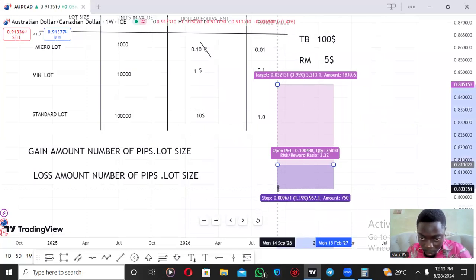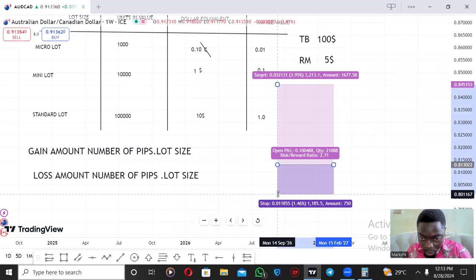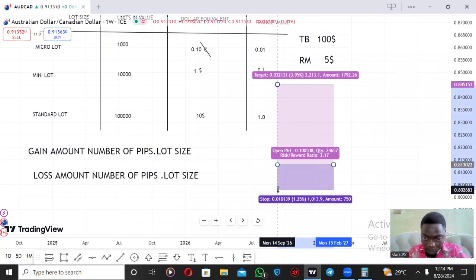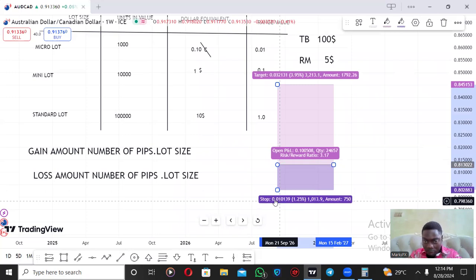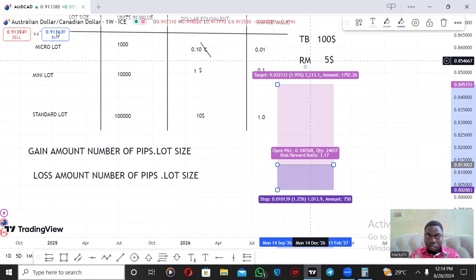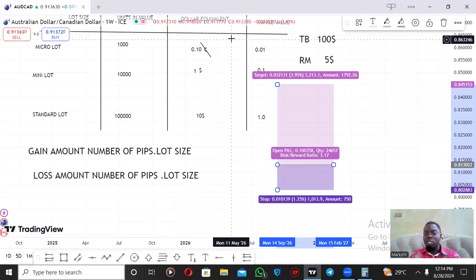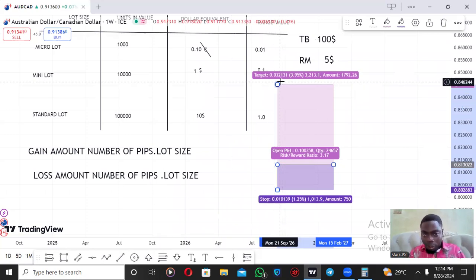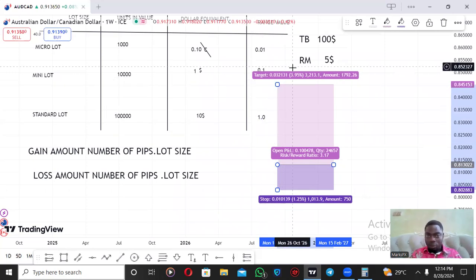This is 10 pips. You see, after this 0.0, we are taking only 10. This is 10 pips for AUD card. Every pair has its own way of calculating pips, so it depends on the pair you log. Now for your target, you can see you have 0.032. That is 32 pips, with 32 pips as your TP, and then your stop loss is 10 pips.